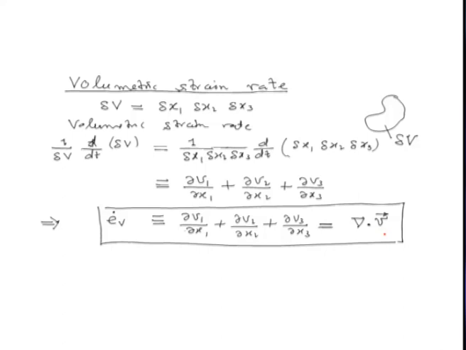So our volumetric strain rate for any fluid element is simply obtained by finding the divergence of V at a given position.